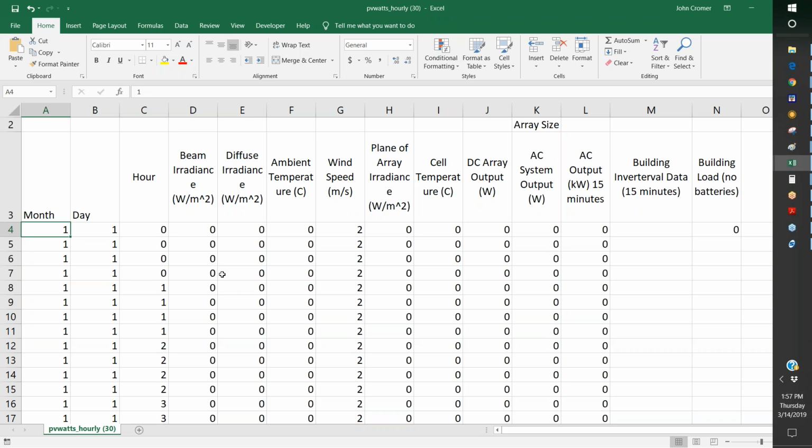Then there's the fact that PV Watts is done on an hourly basis, and your interval data is usually done on a 15-minute basis. It might be done on a 30-minute basis. So how do you get your hourly data to match up with your PV Watts data?